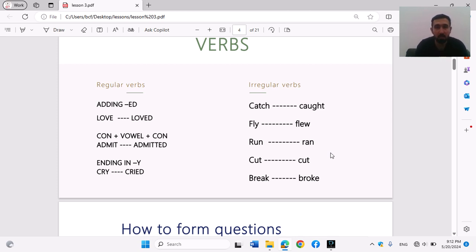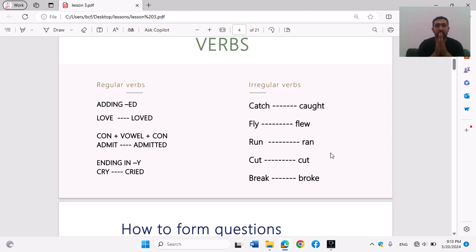We have irregular verbs, which are some of the verbs that are not able to take ed in the English language. Usually in the last pages of the Sunrise book, there are some verbs shown there, but you can just search for it, Google it, and write down irregular verbs, and it will give you all the verbs that you need.